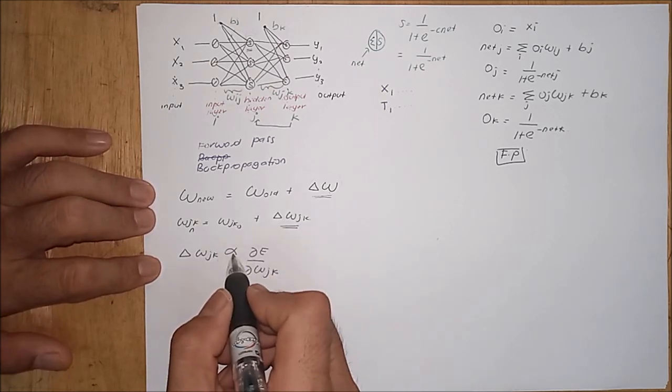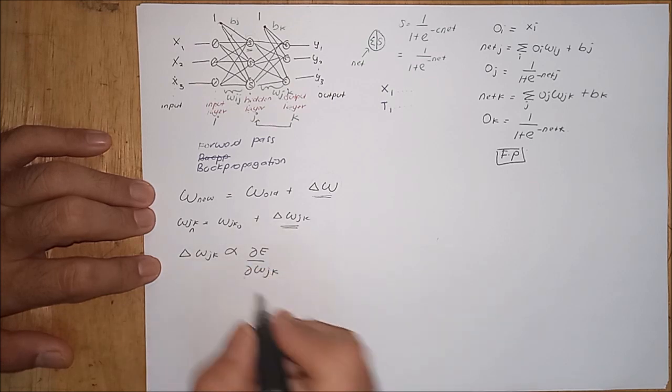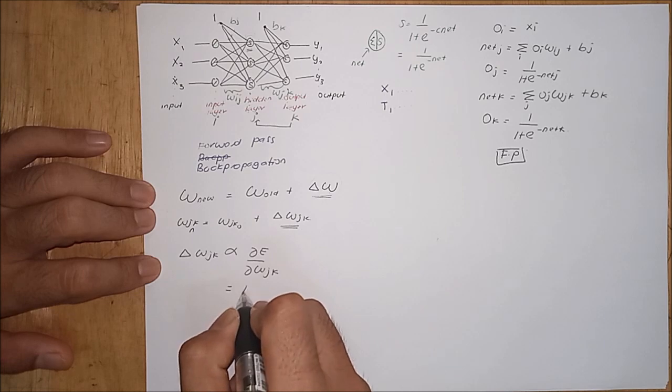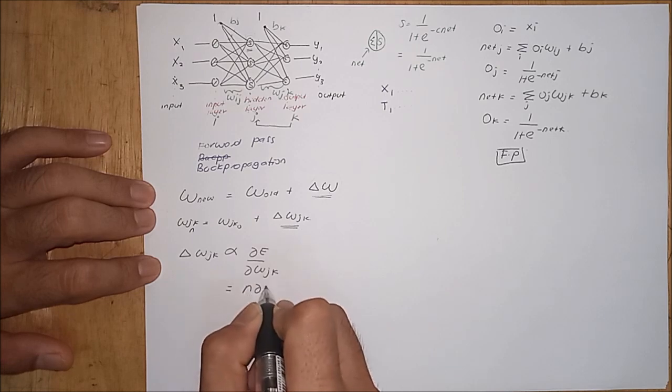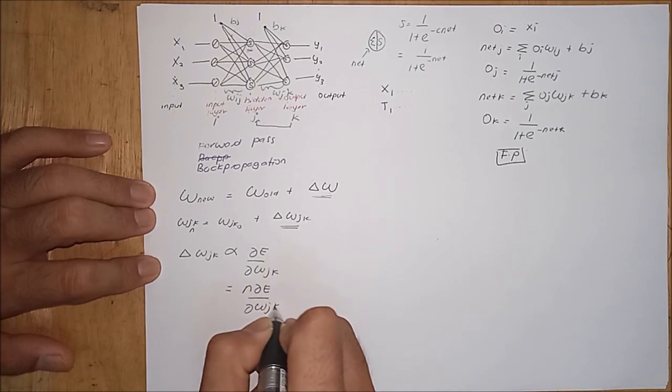So this is the relation. If you want to change from the relation to equal, we need to define some constant parameter, so it will become eta dE over dWJK.